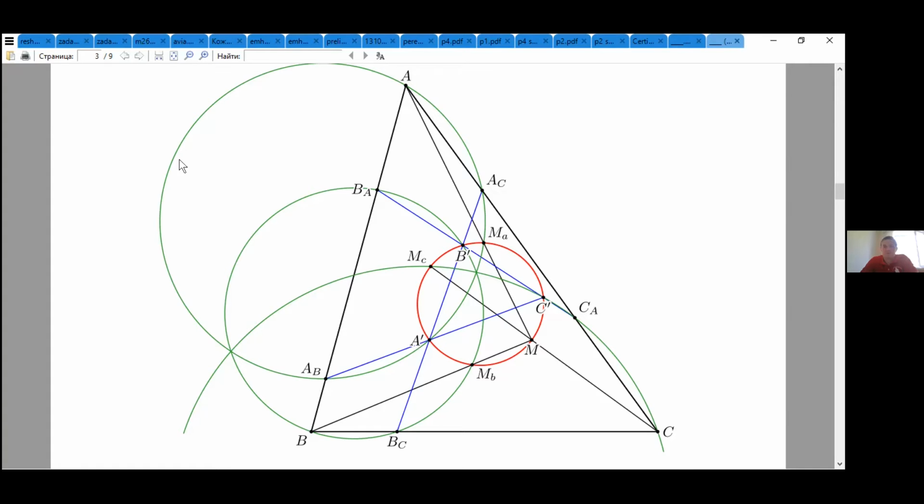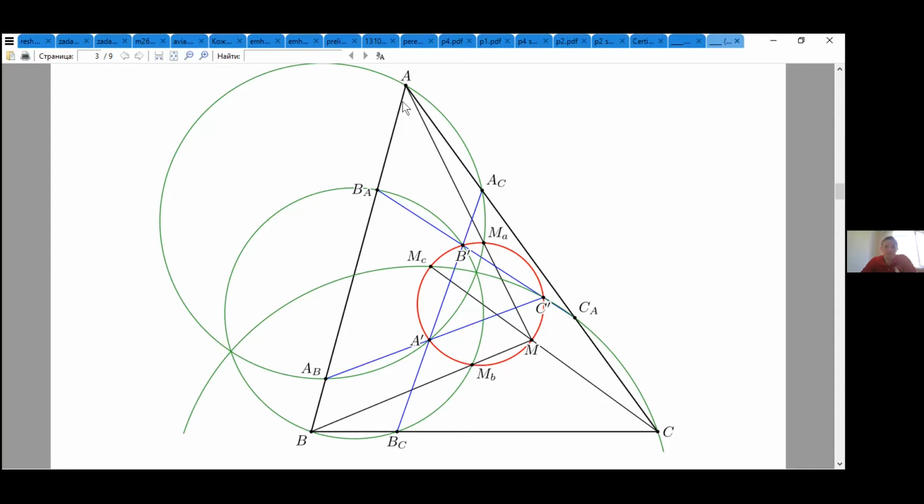So we have this green circle and two analogous green circles, and now we use these additional points AB, BA, and so on to apply the criterion for coaxial circles.